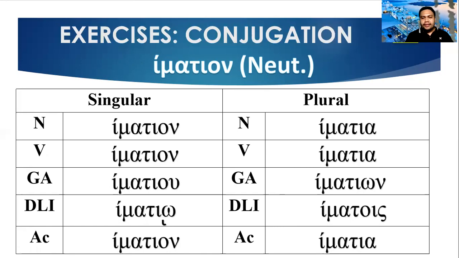Vocative, himatia. Genitive, himation. Dative, himatiois. And accusative, himatia. So nominative, vocative, and accusative, singular and plural, have the same forms. Of course, different in the singular and in the plural, but similar in those three cases.